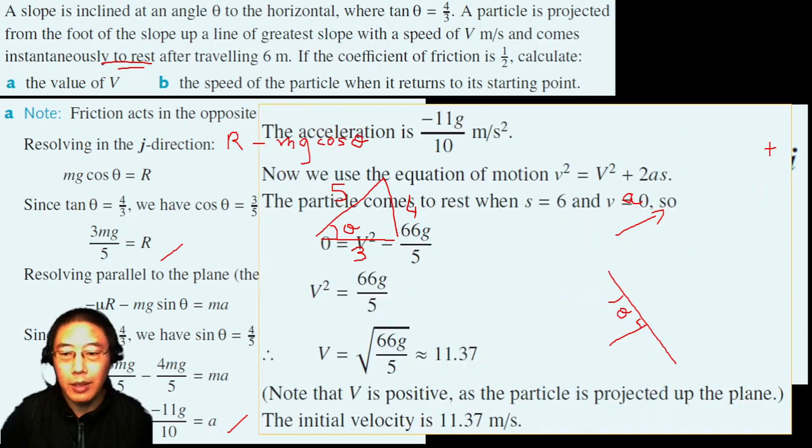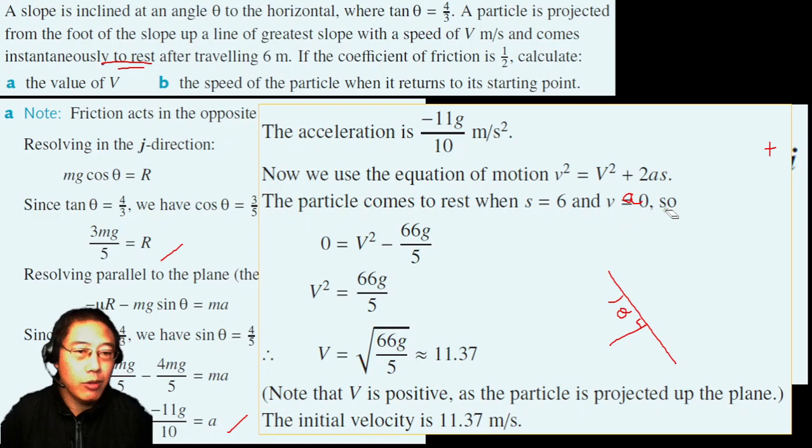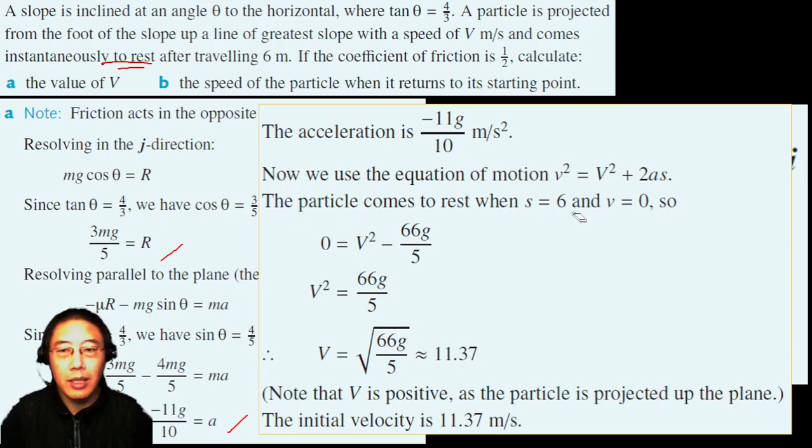Great. Let me move that for a second. So using the equations of motion with constant acceleration, we use this expression. We know that the end velocity has to be 0. S, the distance, is 6.